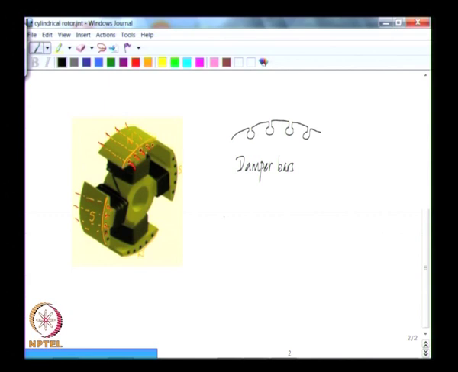What is done with these bars is, once you provide all these bars here, here, and so on, there is a ring that is usually used in order to short all these bars together. There is a ring that shorts all the bars here, and there is another ring that shorts all the bars on the other side as well.